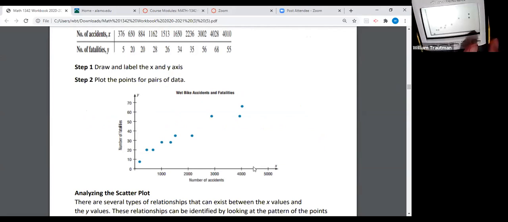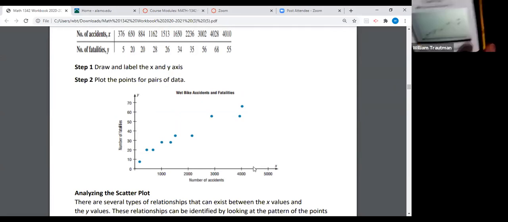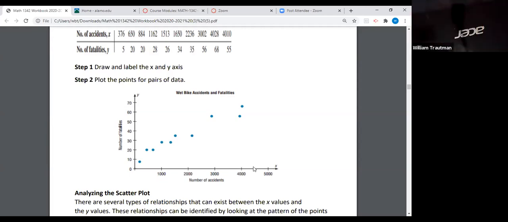If you have one piece of data that's in the wrong spot, let me just show you. Let's see if I had one piece of data that's in the wrong spot. Wait, that wasn't right.